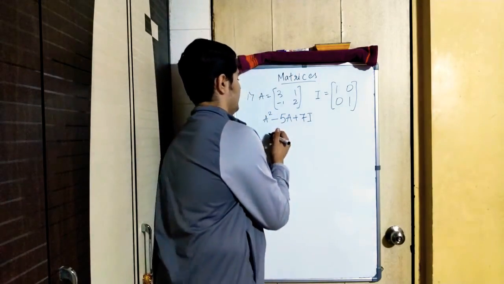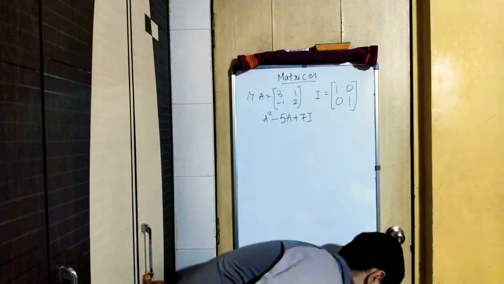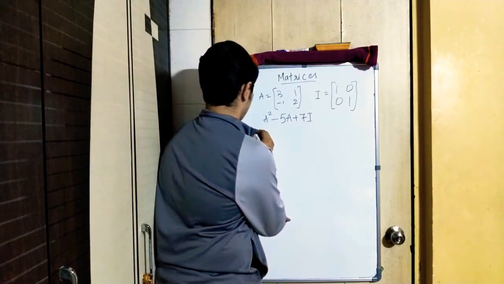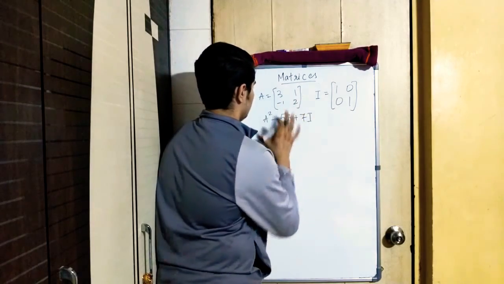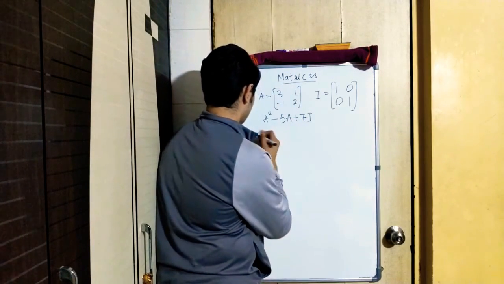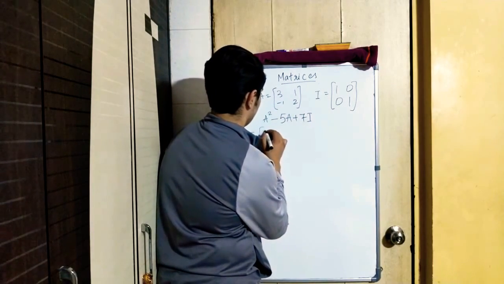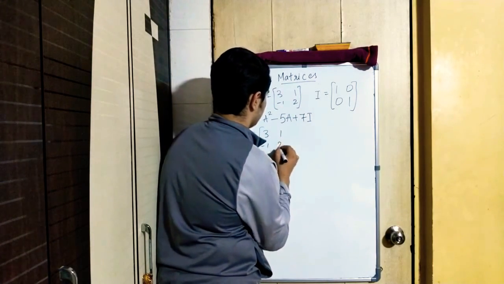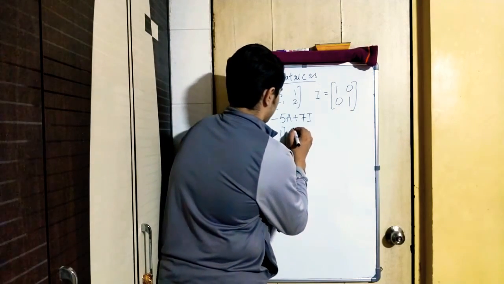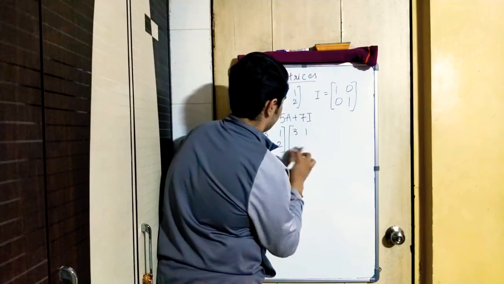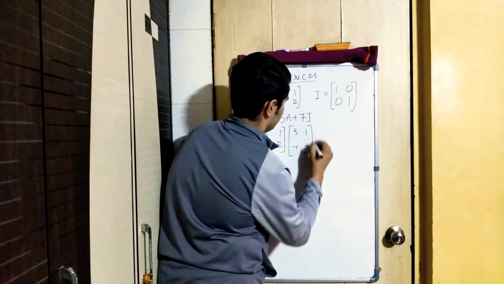So how to find it? First we have to fill in the values here. A square, so 3 1 minus 1 2 into 3 1 minus 1 2.